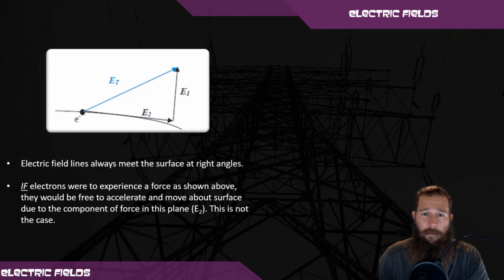Alright, so electric fields always leave and meet surfaces at right angles. Let's just take an example as if this wasn't the case, we would have something like this. So if it wasn't at right angles, it would be at an example angle out like this.